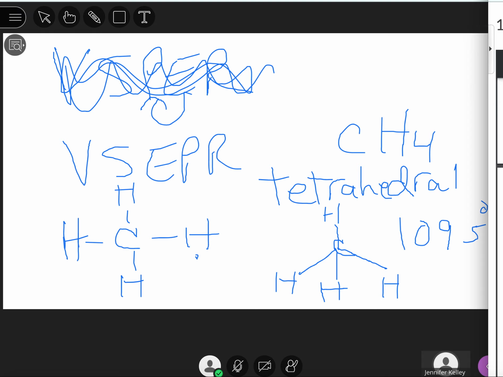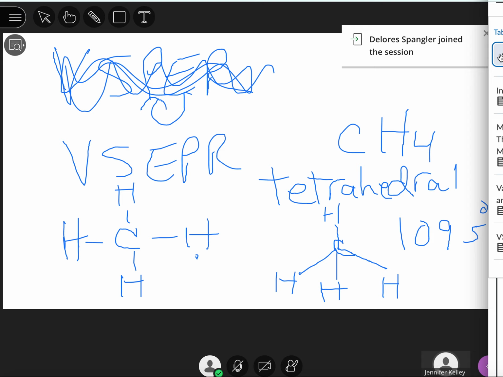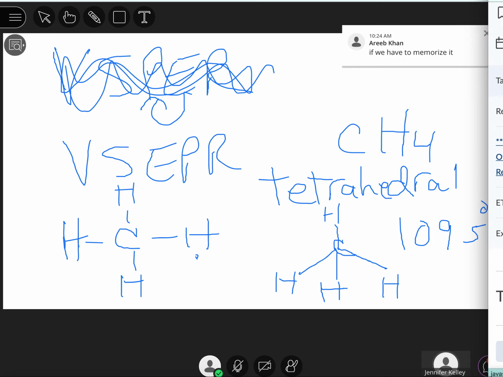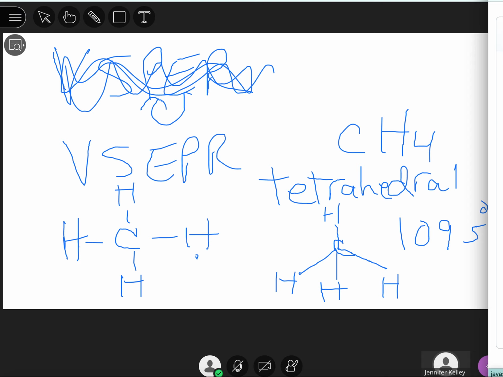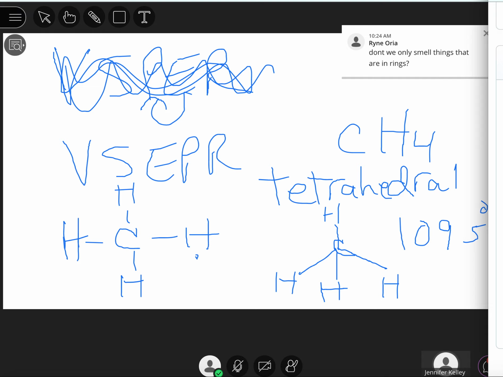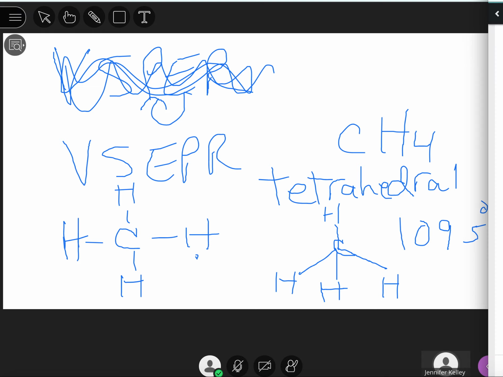Also, sometimes the shape of the molecule is one of the ways that you can taste things or smell things. It depends on the shape. So that's good to know. It talks about biological activity. And that's pretty much it. It gives you a very brief idea of VSEPR.